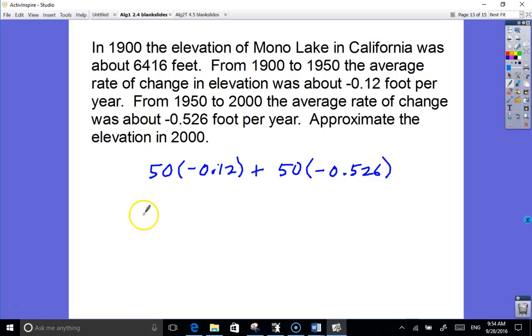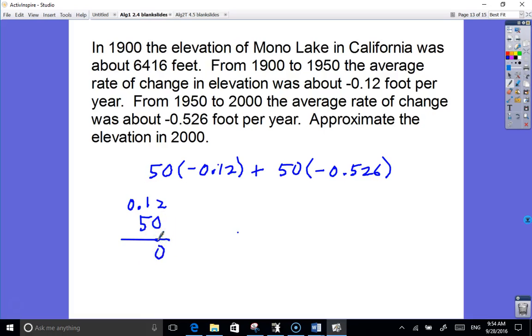Right? How do I multiply 50 times 0.12? What's the math? What do you do with that 0 since it's in the ones place? Don't you bring that straight down?